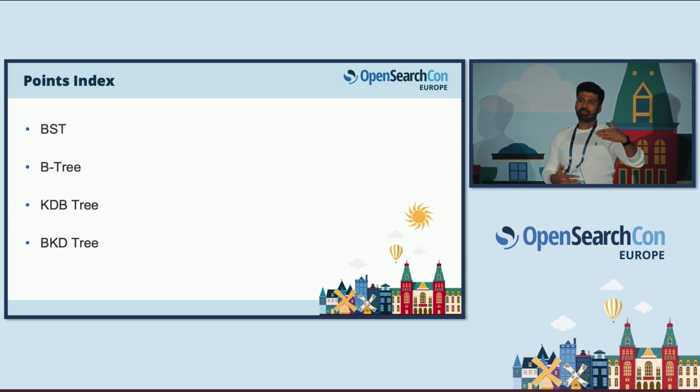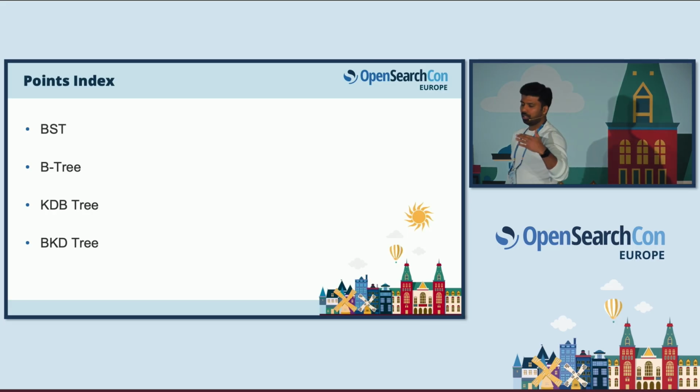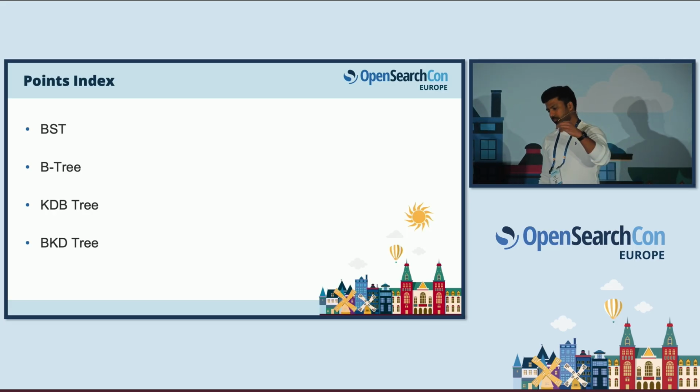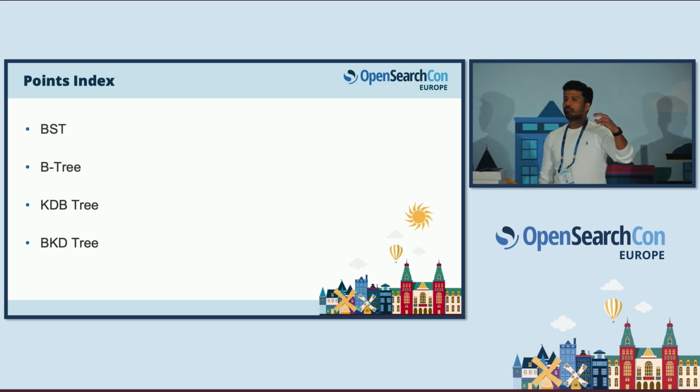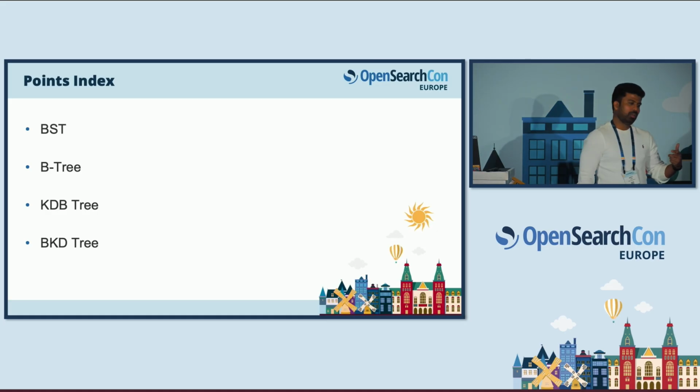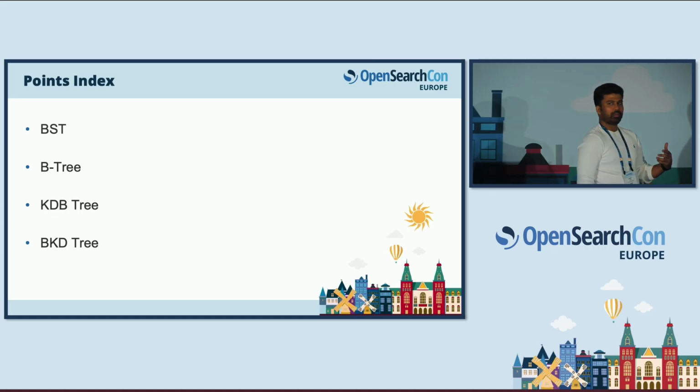Now on level 2, you can partition the space on the basis of longitude. And then at level 3, again on latitude. So like in a KD tree, every level is partitioned on a different dimension. So that way you can gradually keep partitioning the space until you are able to find the values that you're looking for.